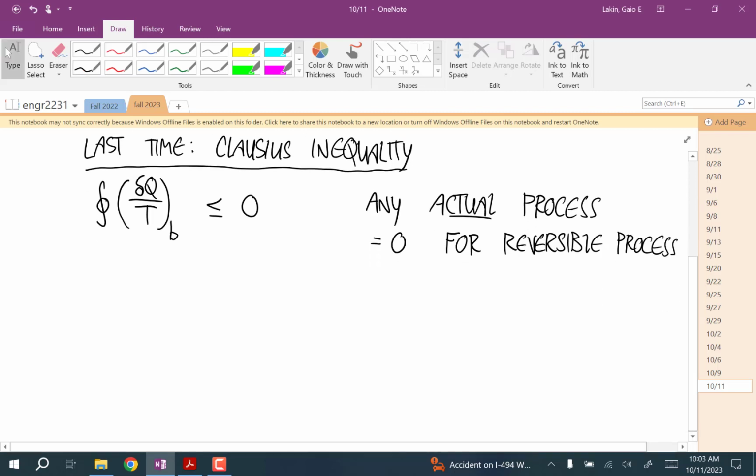And in the homework, this same idea is expressed this way. So you add up all those heat transfers divided by the temperature and set it equal to some negative sigma. But notice that means the same thing. That sigma would be equal to 0 for a reversible process.